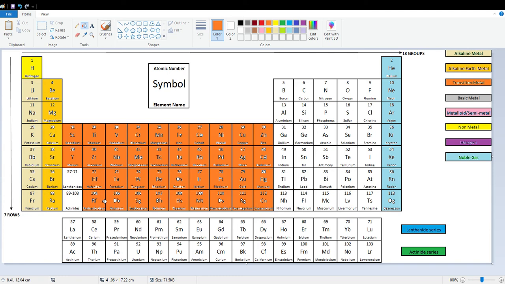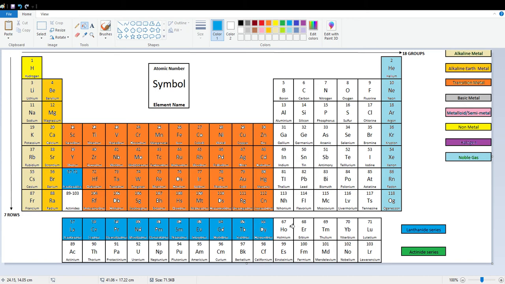Among these transition metal elements, elements with atomic number 57 to 71 are classified as the lanthanides, which are also known as the rare earth metal elements. Apart from that, another element series with atomic number 89 to 103 are classified as actinides.